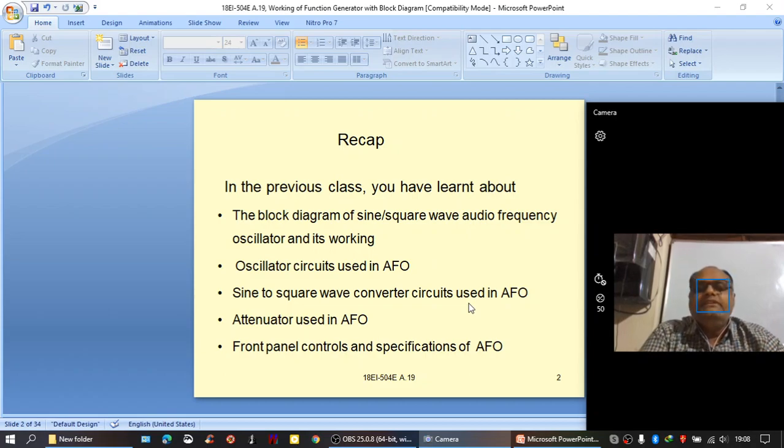The next one is sine to square wave converter circuit. We have seen two types of circuits. One is using operational amplifier, a Schmitt trigger circuit. The other one is using two transistors.